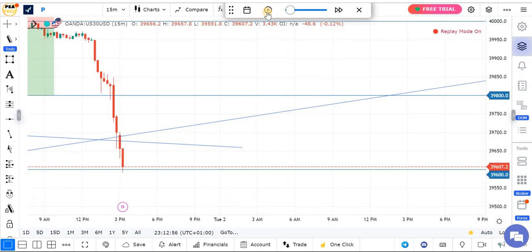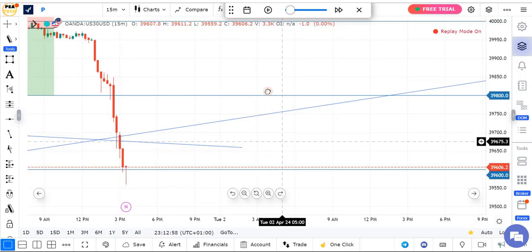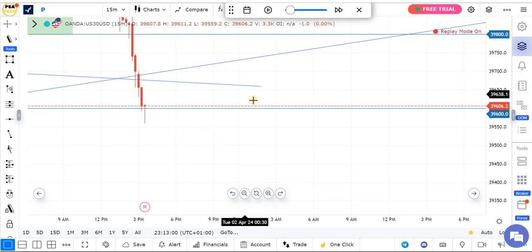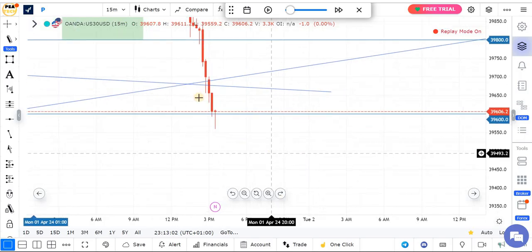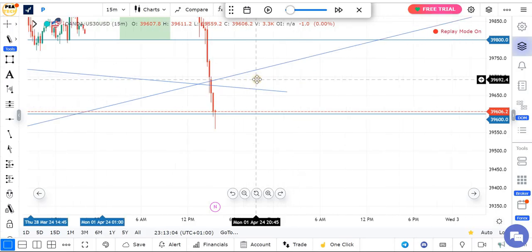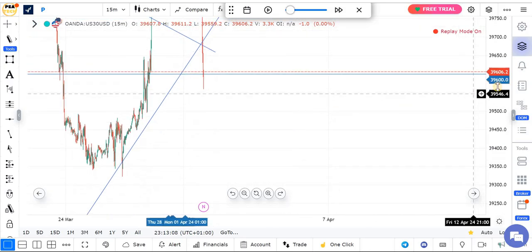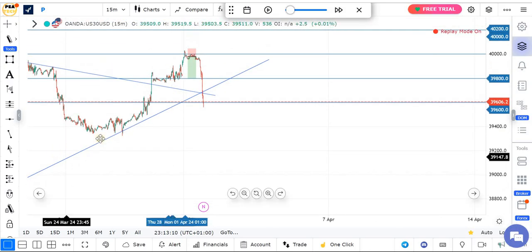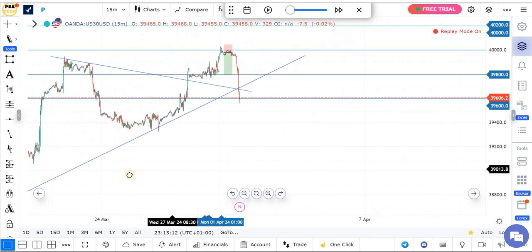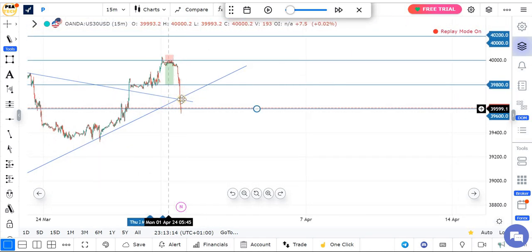And you can see now we have broken out of this trend line. Remember, we had a trend line here, right? So you can see our trend line here. We have broken out of the trend line.